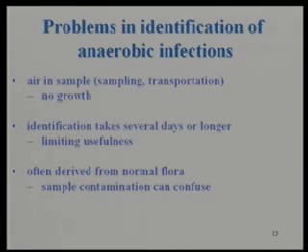And they're often derived from the normal flora. So that can make not just contamination, but it can confuse the whole situation, because how do you know if you've just simply got unlucky and your syringe went through the skin when you're taking a sample, or somehow you touched the thing or what have you. So anaerobic bacteriology is very difficult. It's an art form. And it's a lot easier nowadays.